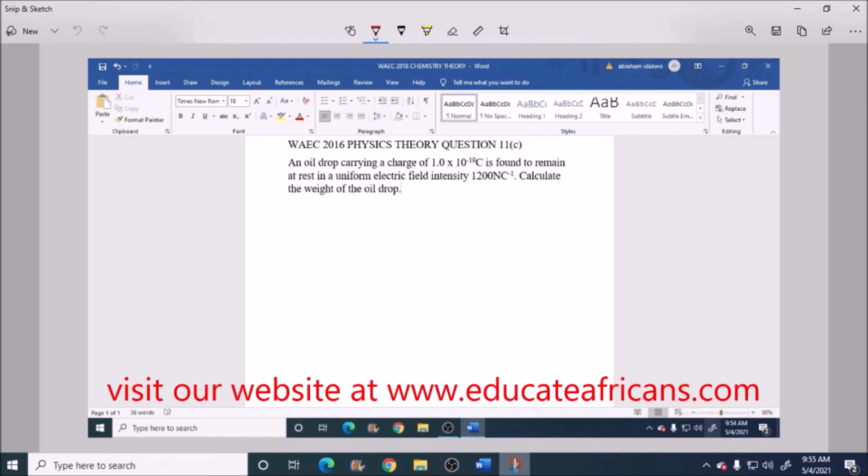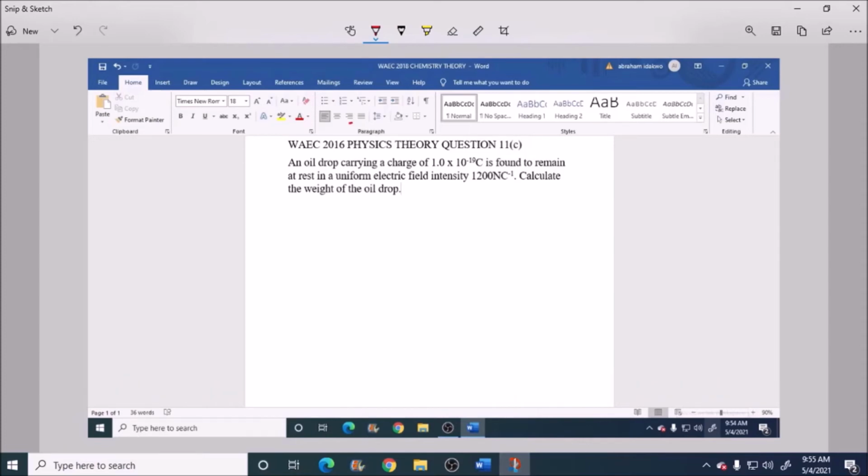Okay, now let's write the parameters given. The charge, Q, is equal to 1.0 times 10 raised to power minus 19, and then we have the electric field intensity, which is 1200 Newton per coulomb.